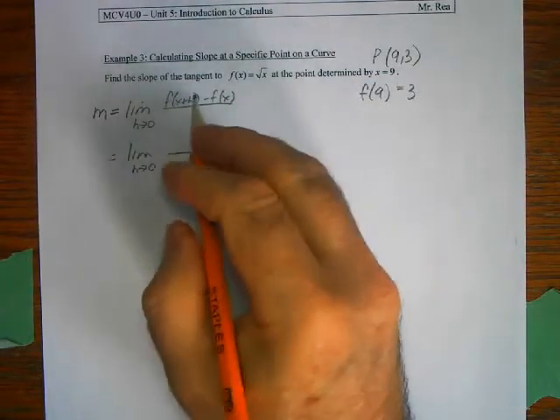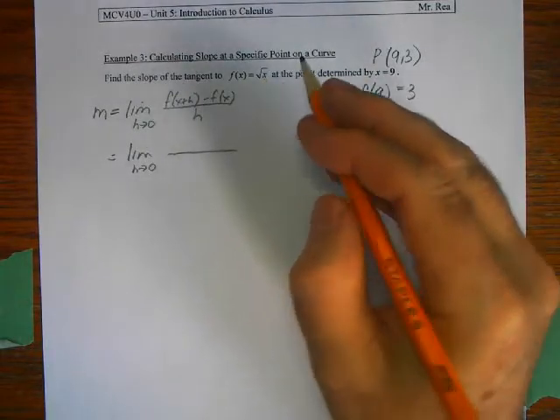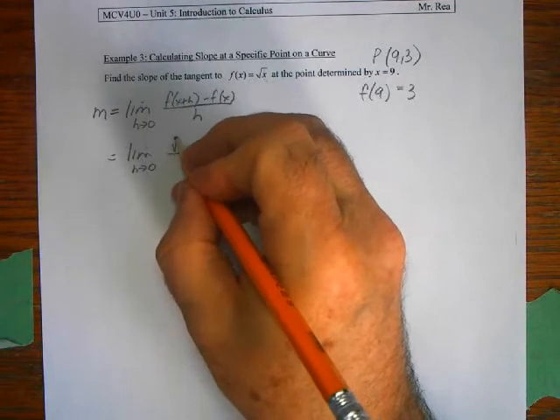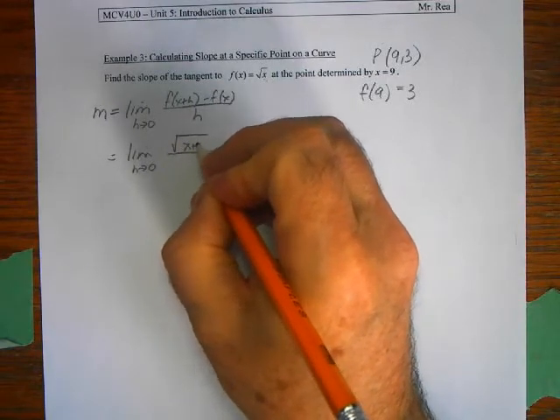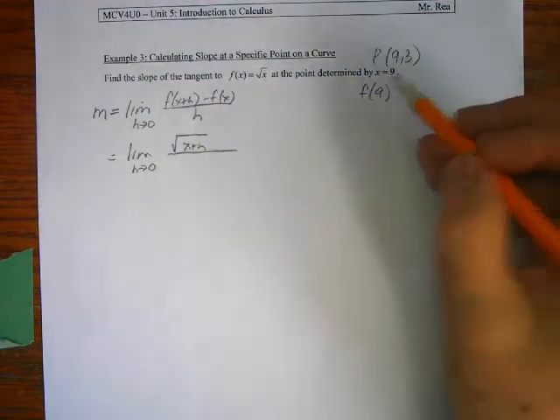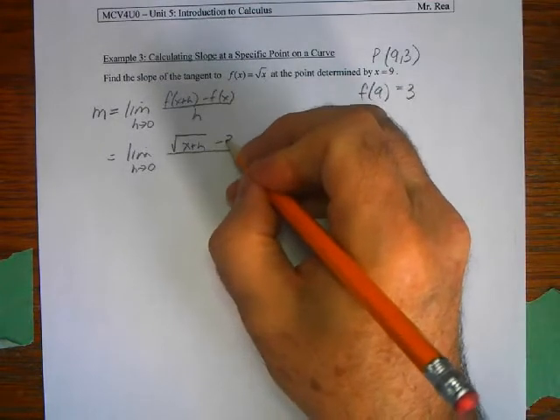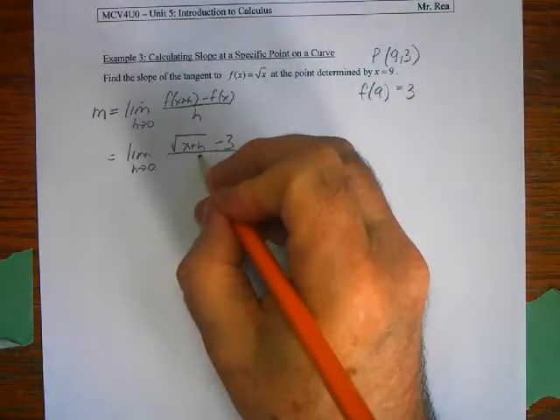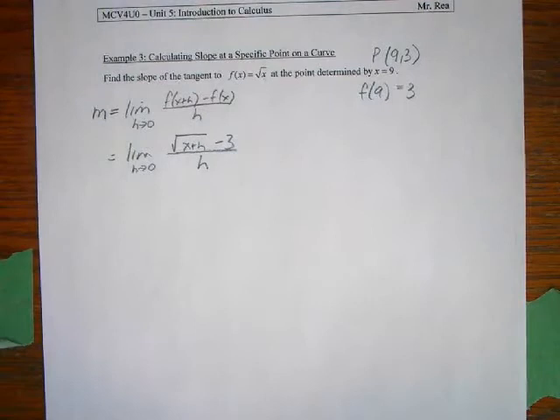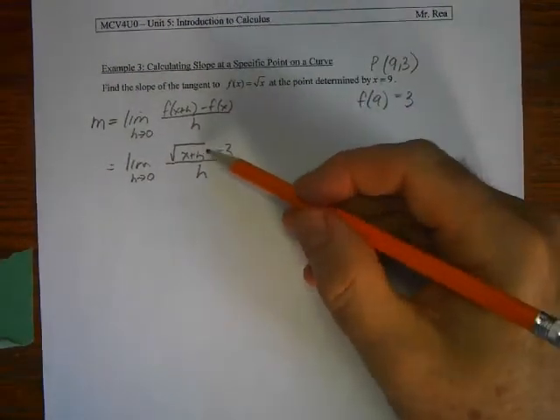So f of x plus h is just plugging in x plus h under the square root, so f of x plus h is the square root of x plus h, and subtract f of x. In this case, that's our f of 9, so that's actually equal to 3, and that's over h.